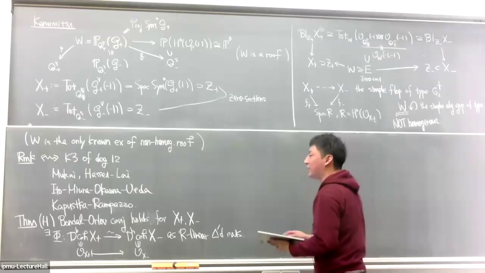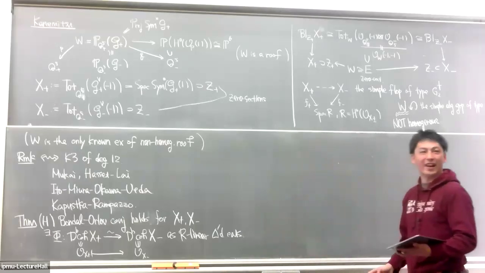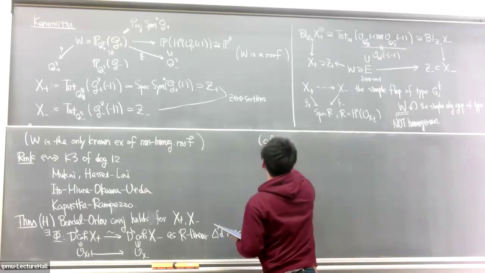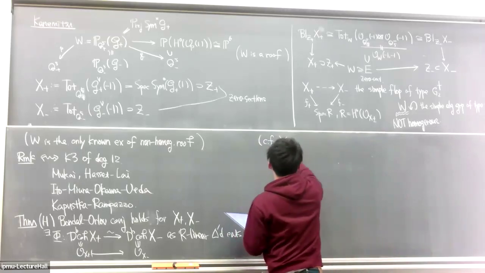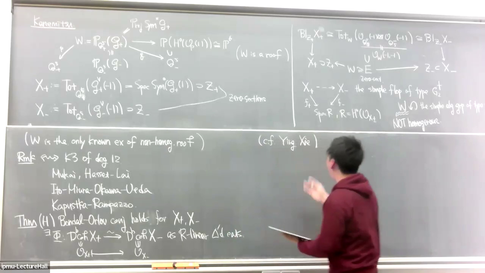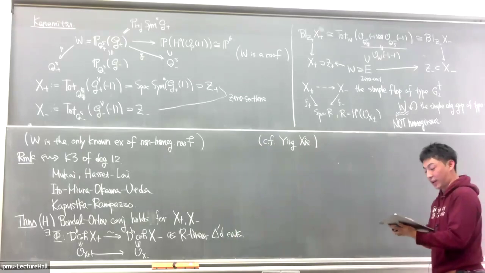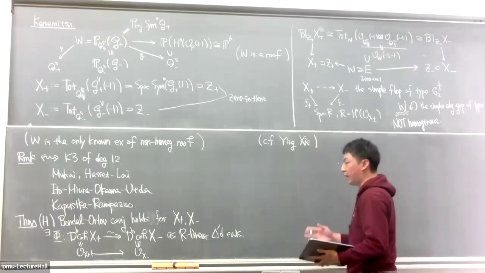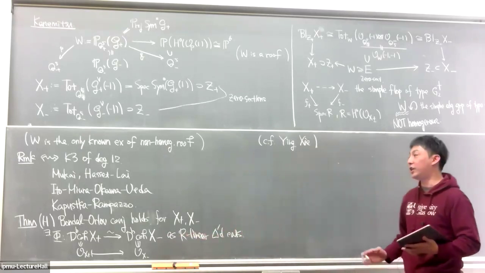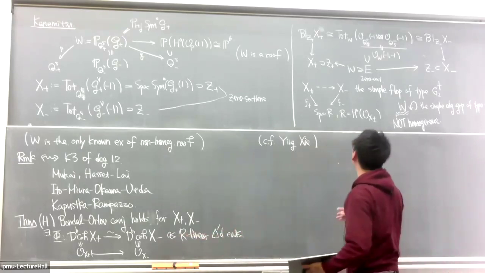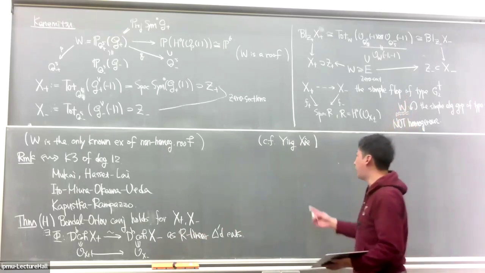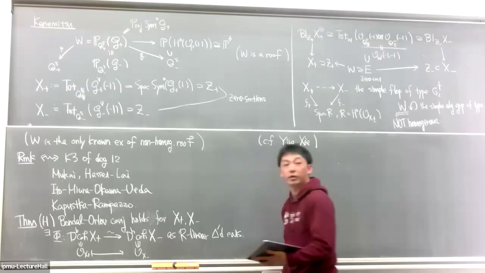Just one week after we announced this, it was also announced by another author, I don't know how to pronounce the name, who also derived an equivalence using another method. He used the semi-orthogonal decomposition of this common blowup and used the mutation method to prove this derived equivalence.